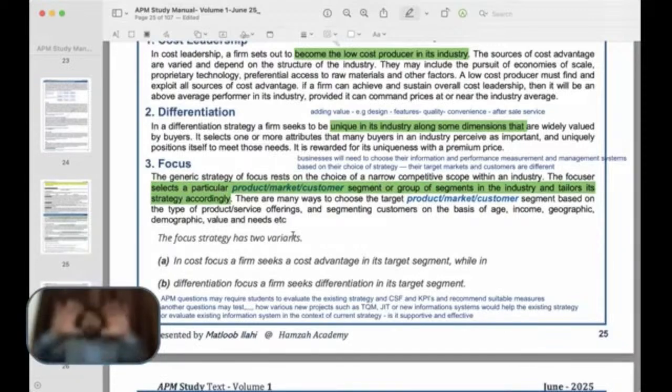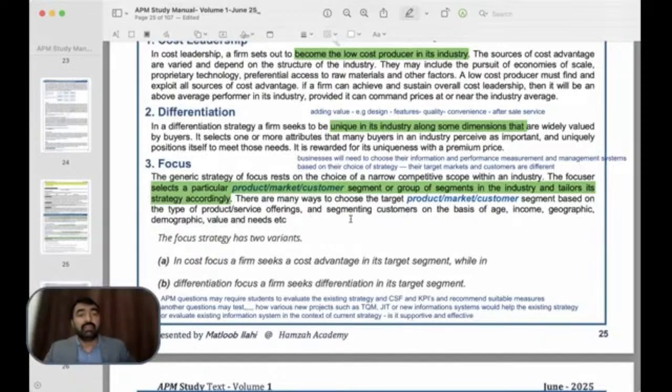Instead of competing in the whole market, a business with a niche or focus strategy would choose a particular product, a particular segment, a particular group of customers and start serving that group of customers.